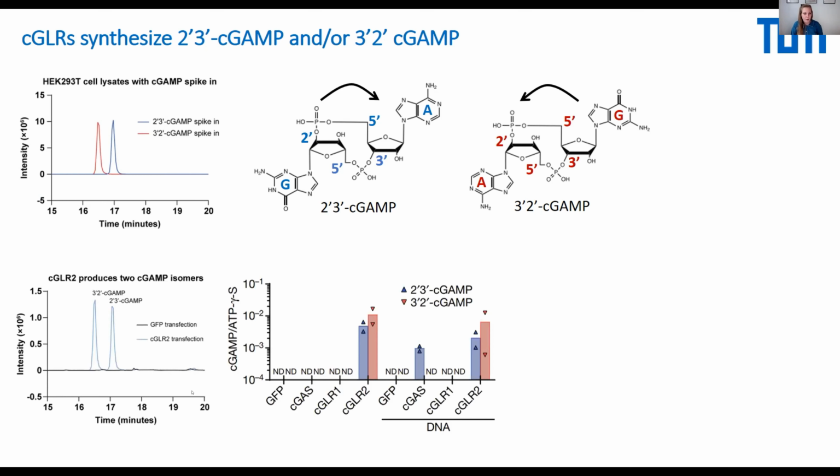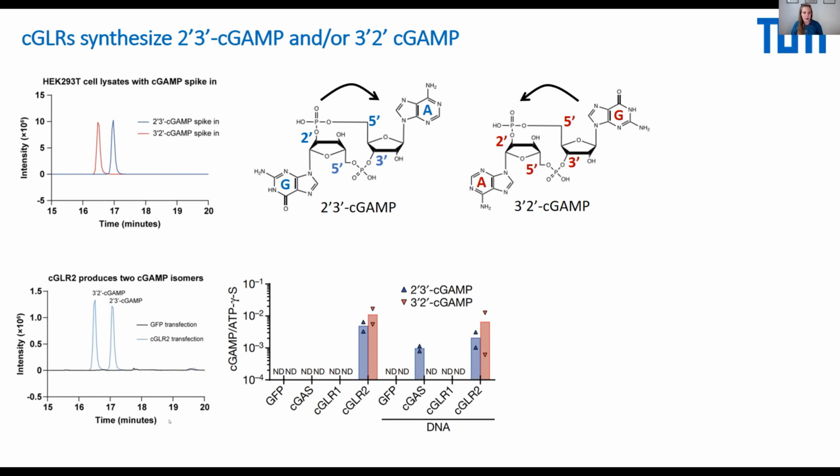Because what we found out was that human cGAS, when overexpressed or stimulated with DNA, only produces 2', 3' cGAM, and that's also what's very well established.